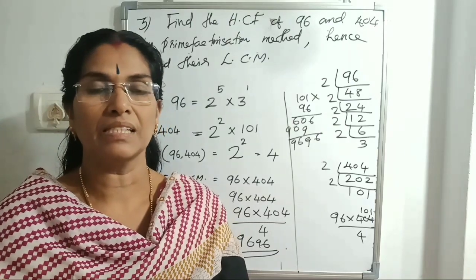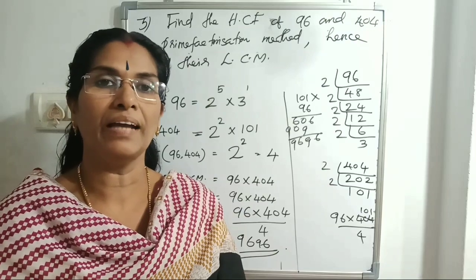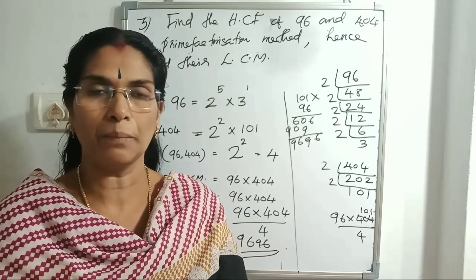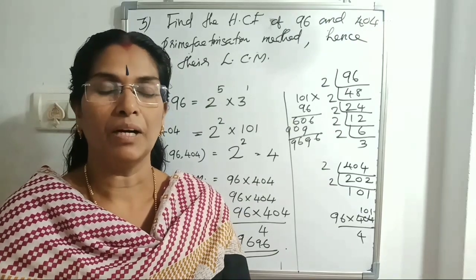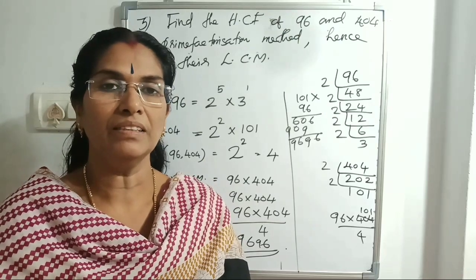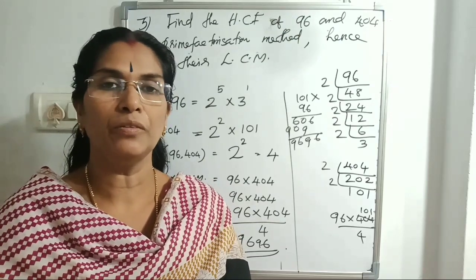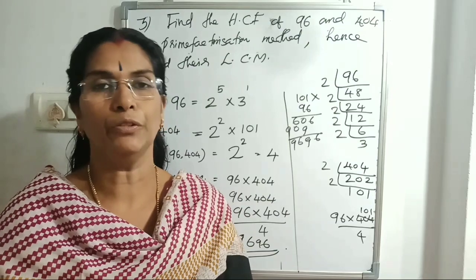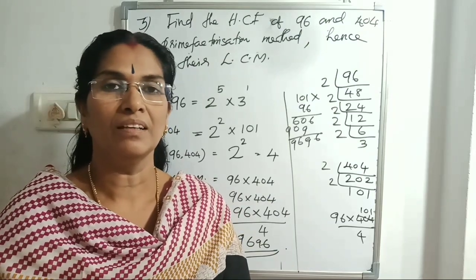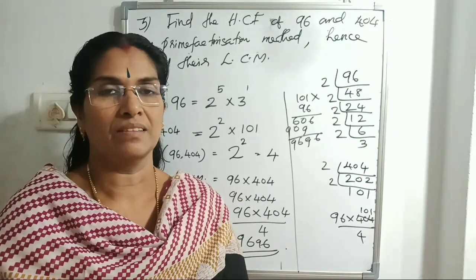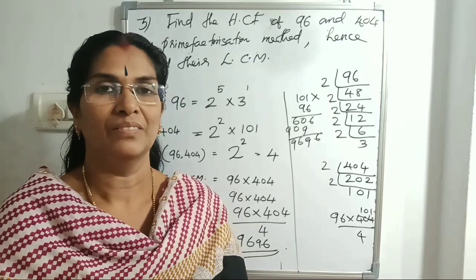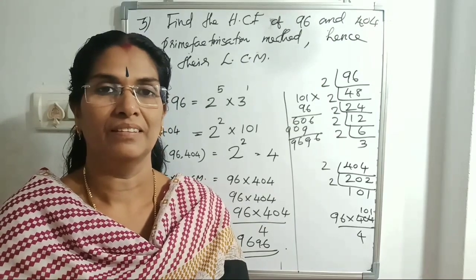Using this prime factorization, we learned how to find the HCF and LCM of the given numbers. After that, one more equation we learned, that is HCF into LCM is equal to product of two numbers, and we solved different types of questions. Clear? Okay. Thank you, students.